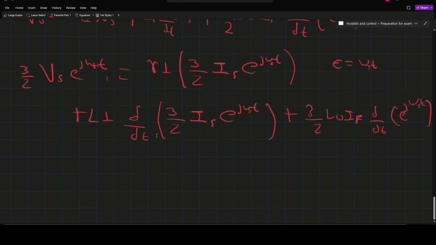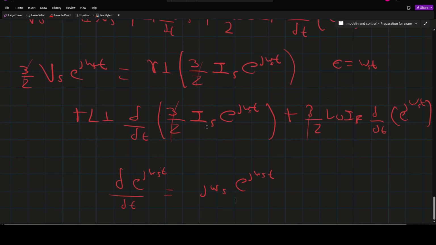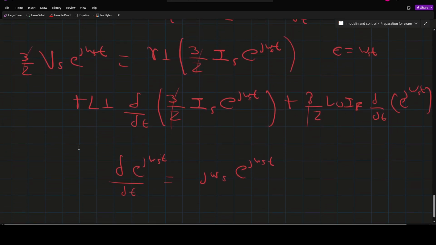Okay, so what we can see from here is that we have 3/2 on every side, so we can get rid of those terms. We have e^(j omega s t) in each term. Now, the derivative of e^(j omega s t) is equal to j omega s e^(j omega s t), so we are also going to have an e^(j omega s t) here.